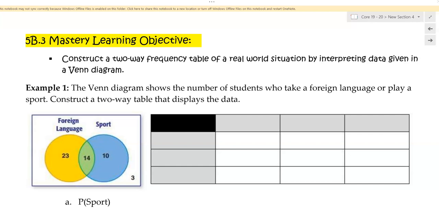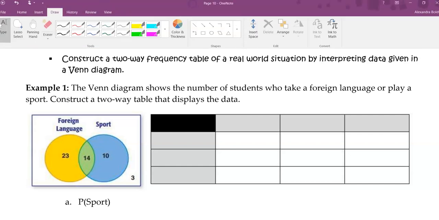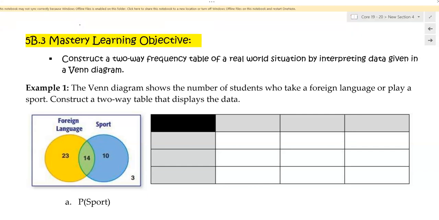The Venn diagram shows the number of students who take a foreign language or play a sport. So from a Venn diagram, we need to create our two-way frequency table. Again, our two-way frequency table has two different categories, and they always come from what's above your two circles. So our first category is that I take a foreign language.